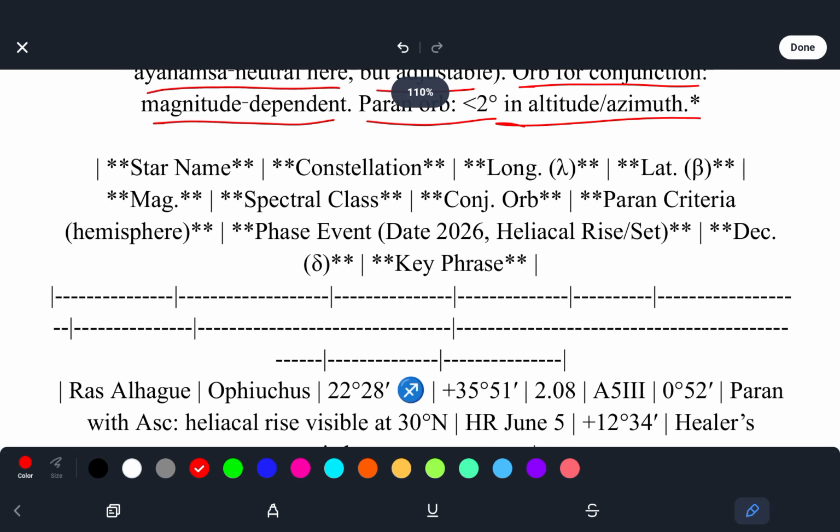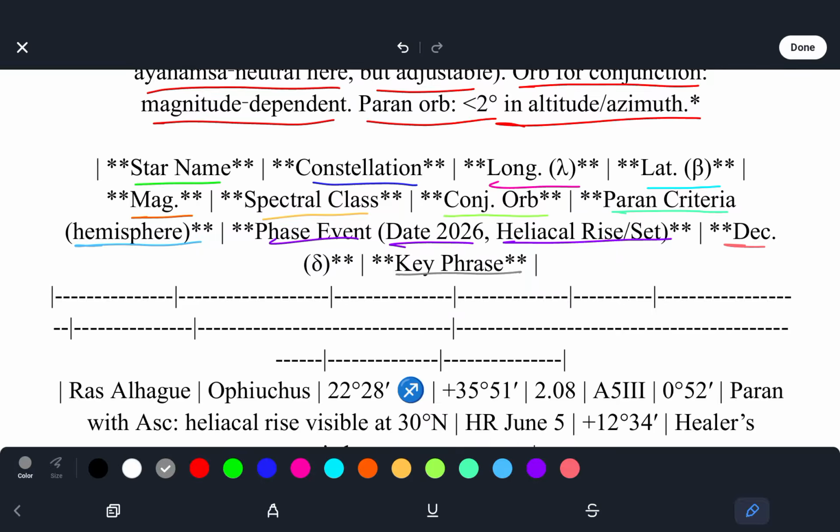So we see here our star name, our constellation, longitude, latitude, magnitude, spectral class, as well as conjunction orb, paran criteria, hemisphere, as well as our phase event date 2026, heliacal rise, set, DC, and we're looking at our key phrase.